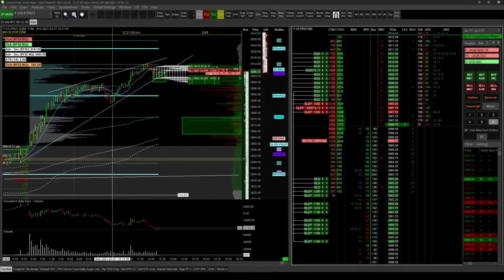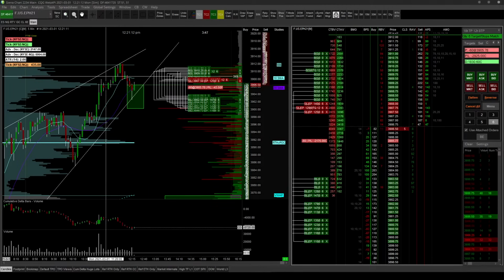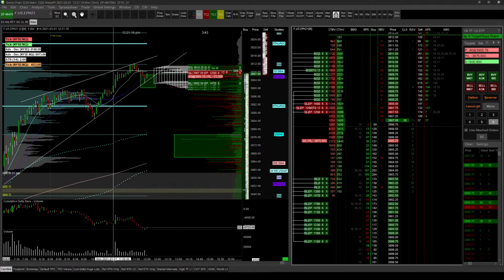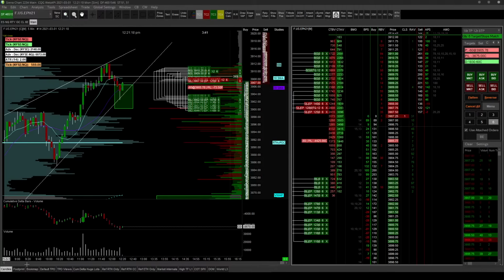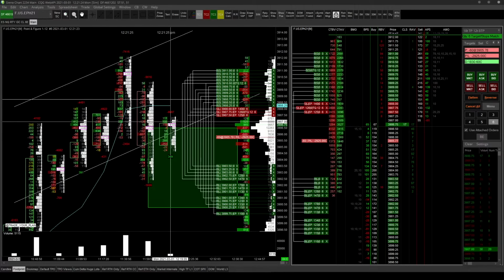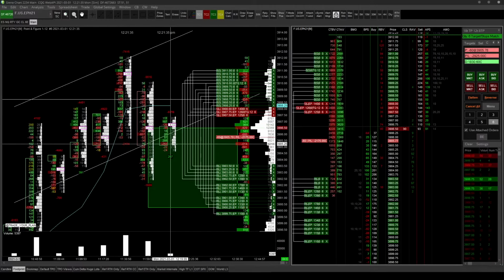Did I get the trend line right here? I think so. Yeah, it's close enough. Let's go look at that. See the volume node here? Right there, 1,220 contracts. So someone's going to be wrong short term.